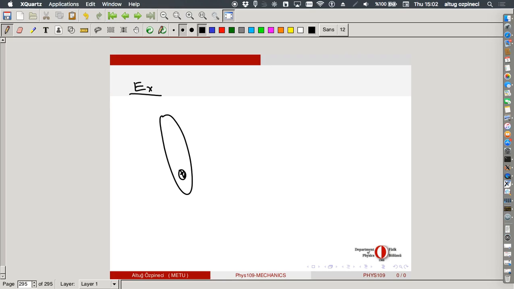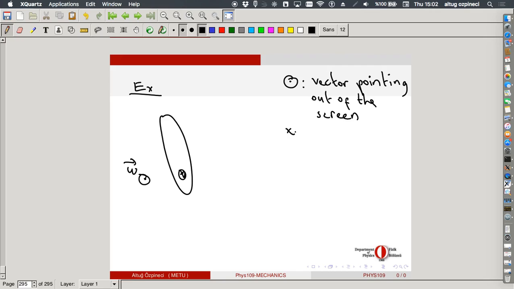This is the angular velocity vector. So this means a vector pointing out of the screen, and this means a vector pointing into the screen.